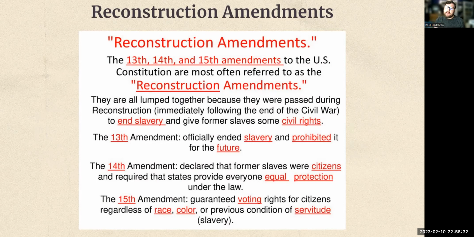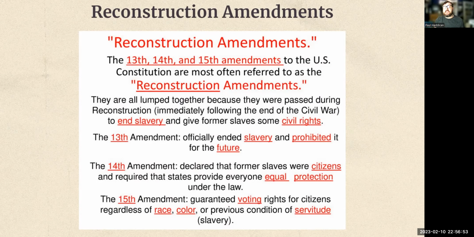And how do you bring them back? How do you reconcile? What changes need to be made at the national, at the southern, at the northern level in order to bring that bond back, to bring that United States back together to being united, right?